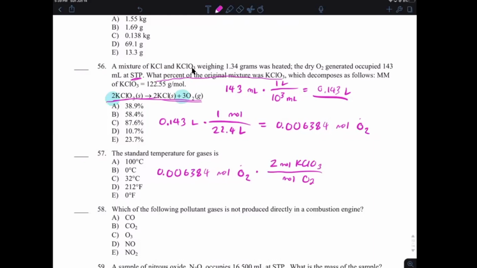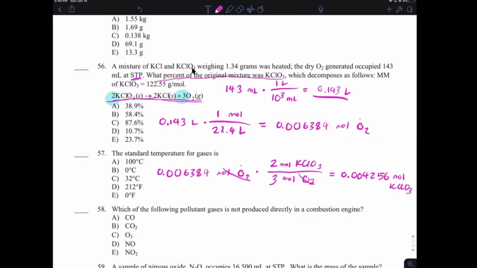Right, perfect. So 2 goes here and then 3 goes there. And if we do that, we should get around 0.004256 moles KClO3, because this cancels.